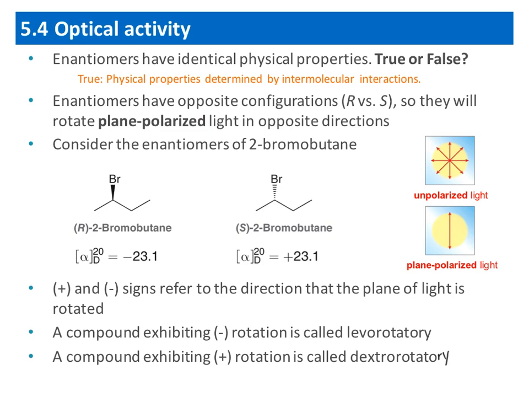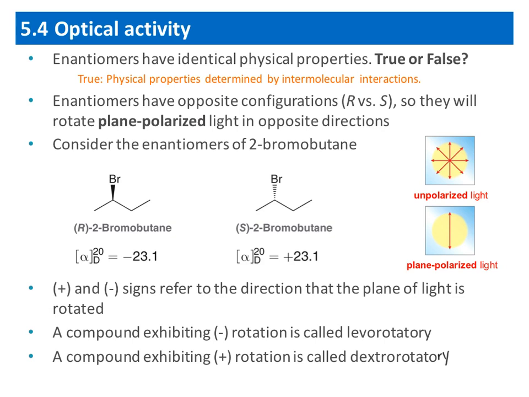Enantiomers have the same physical properties. They have the same formula and bond connectivity. They have the same physical properties because physical properties are determined by intermolecular interactions, and these interactions are the same for enantiomers.